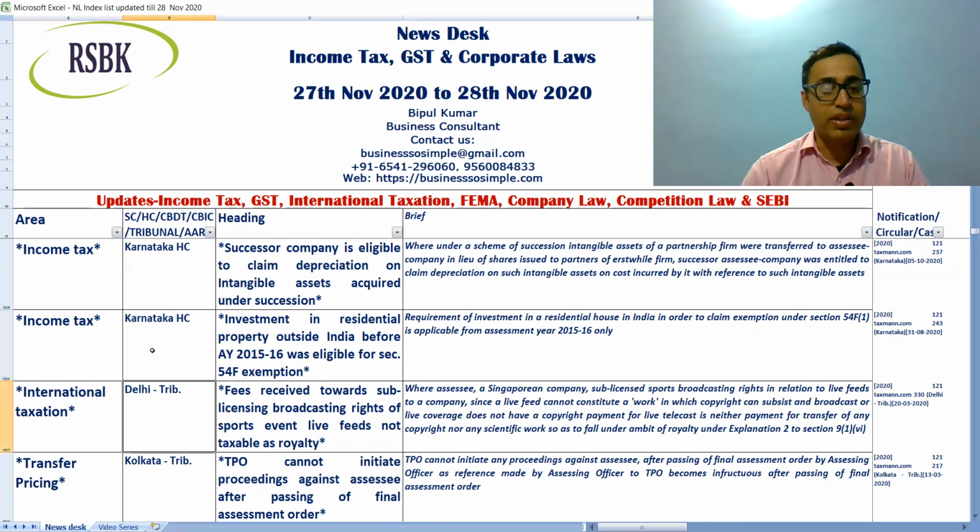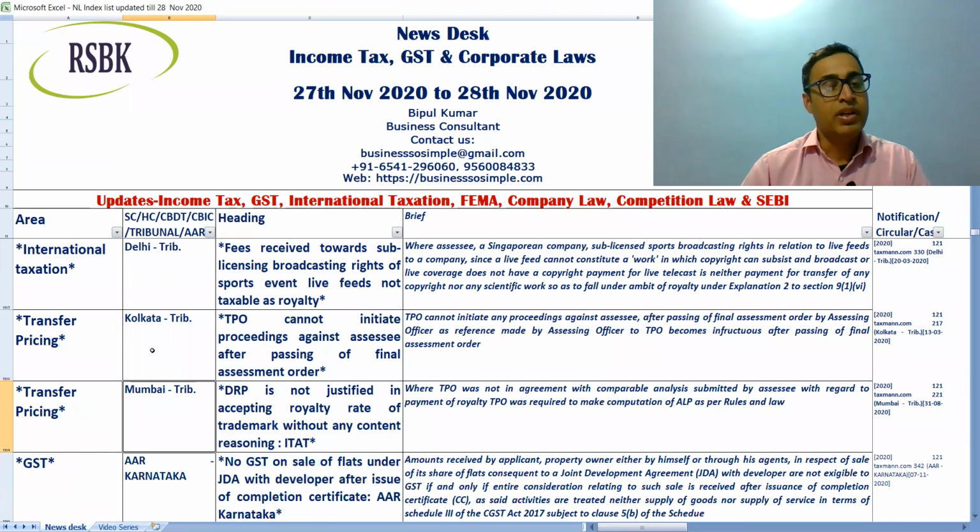Let's cover news on international taxation. Delhi Tribunal: fees received towards sub-licensing broadcasting rights of sports events' live feeds are not taxable as royalty.